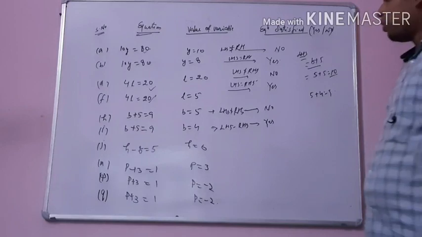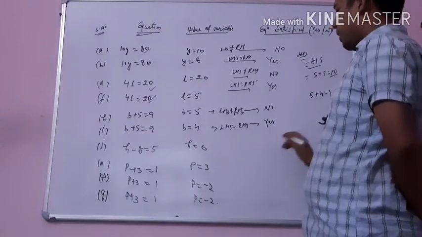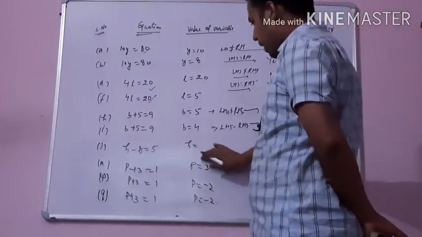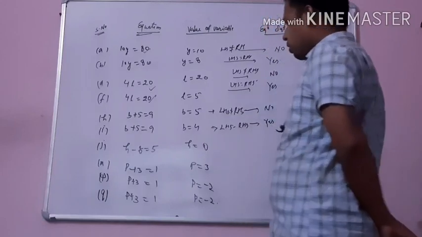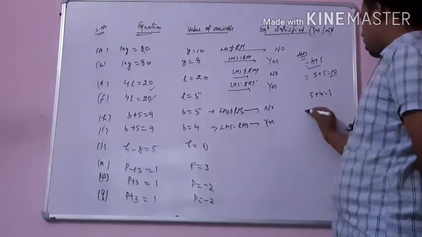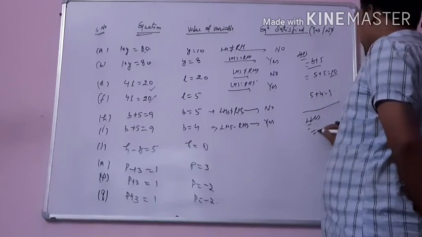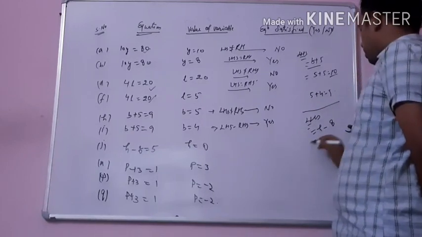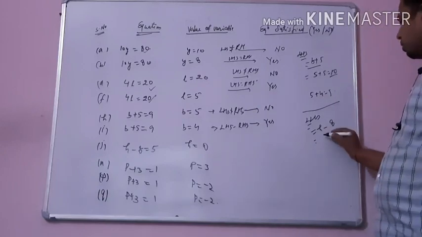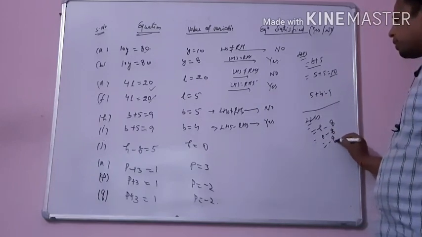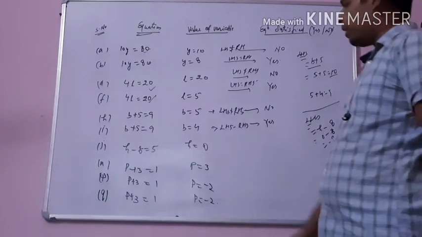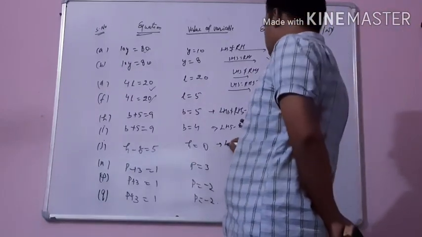Yes. Now the next is h minus 8 and h equals 0. So LHS is h minus 8, putting the value 0 in place of h, 0 minus 8 will be minus 8, and here it is 5. So LHS does not equal RHS.